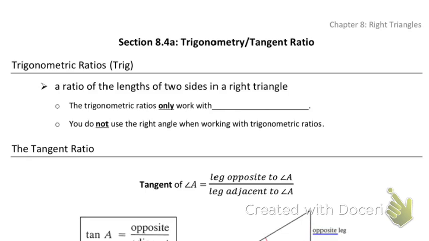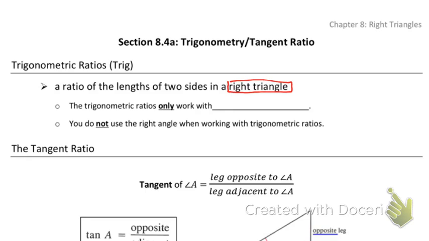And we're also going to want our calculators. We're going to have a slight calculator section, so make sure you have a calculator, and we're going to talk about the modes on the calculator. So all trig is just ratios that deal with right triangles. Our trig ratios are a ratio of lengths of 2 sides of a right triangle. Trigonometric, which we often call just trig, is a lot easier than saying trigonometric every single time.